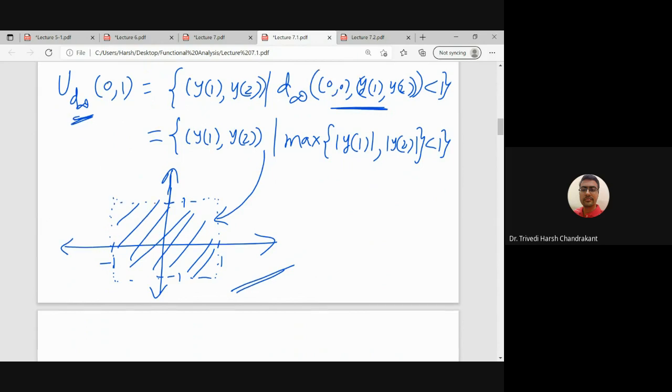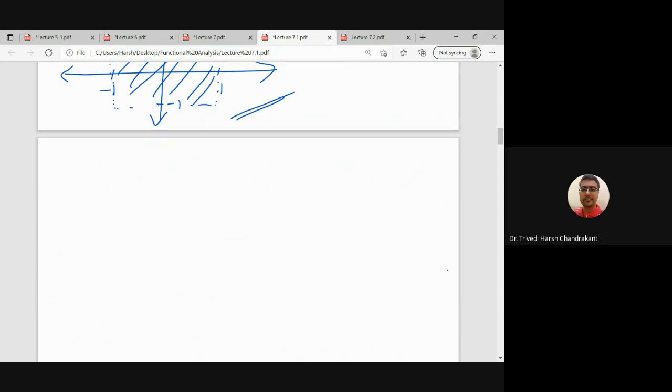So in general, how do we define the open set using the ball?